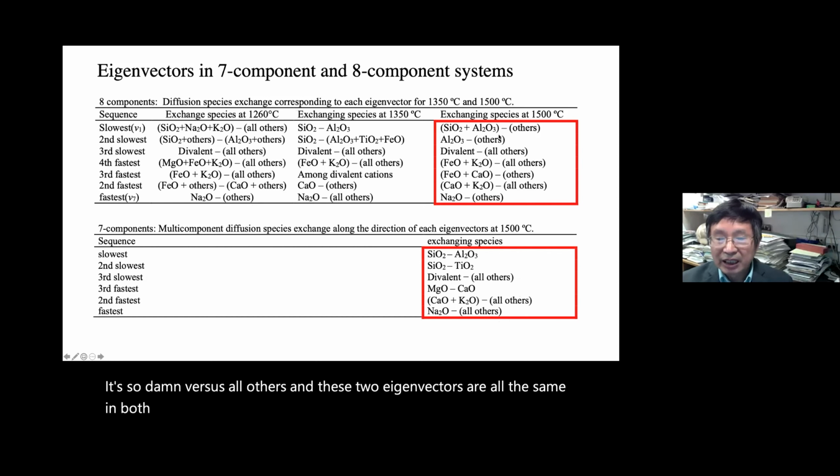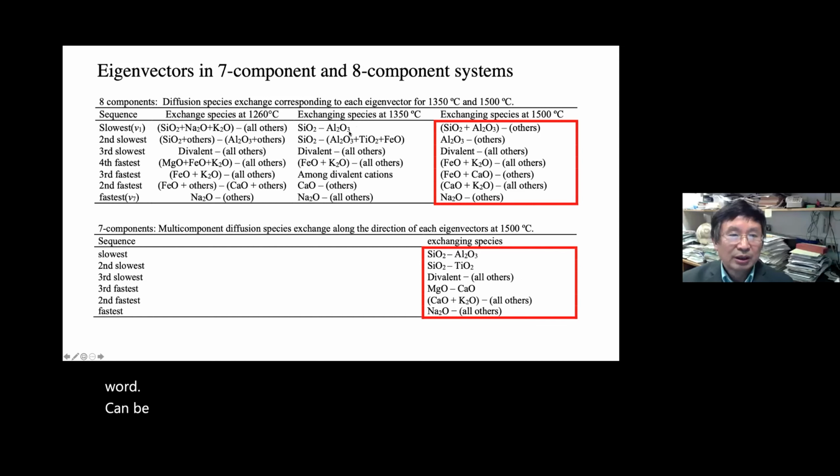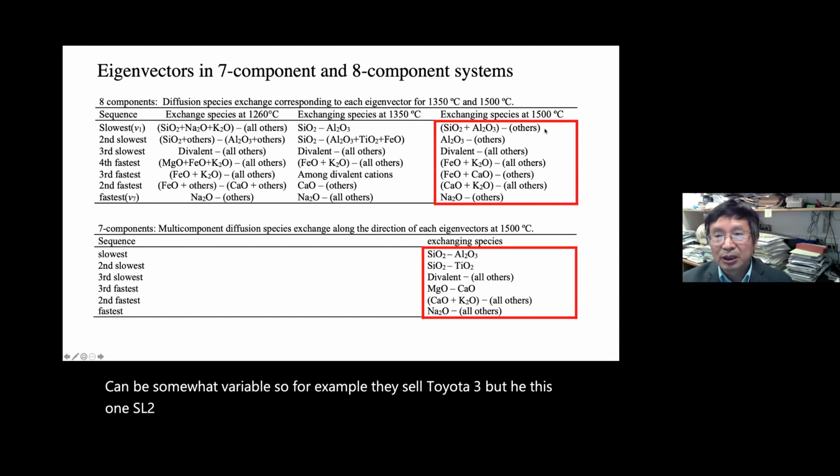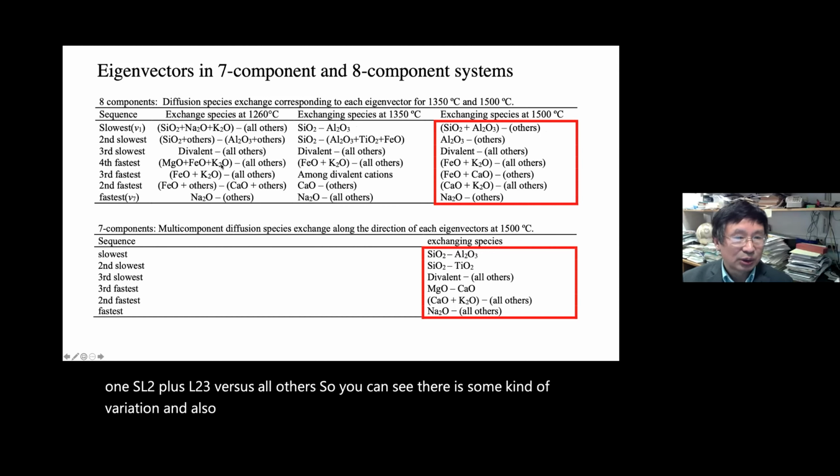But the other eigenvectors can be somewhat variable. So for example, there is SiO2, Al2O3, but this one is SiO2 plus Al2O3 versus all others. So you can see there is some kind of variation. And these three eigenvectors can also vary somewhat.